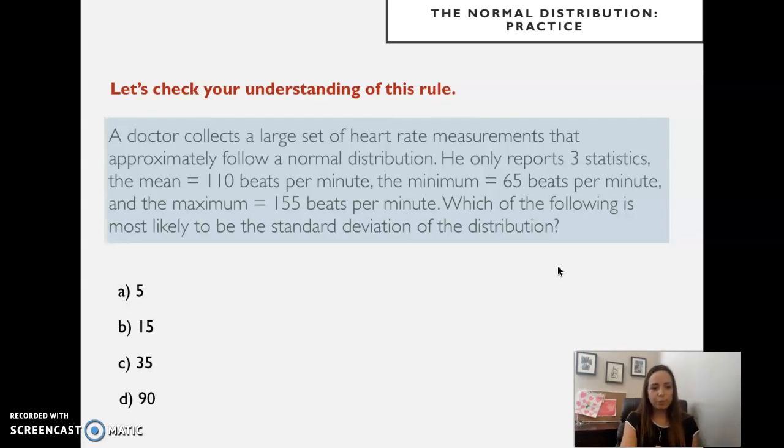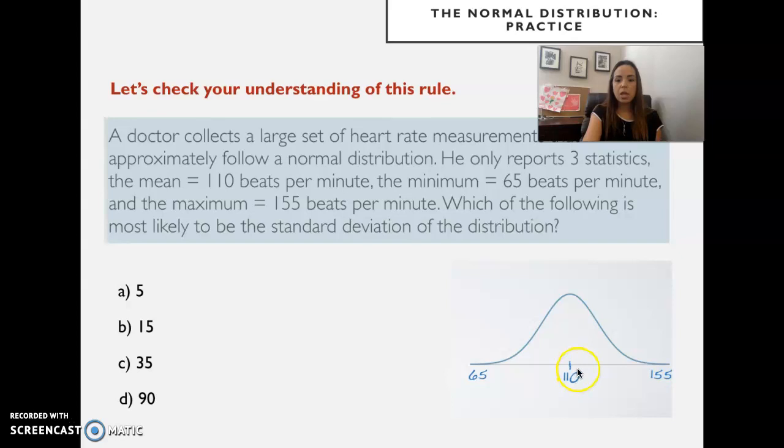So here we go. The normal distribution is here. It's always useful to draw things. Let me get myself out of the way. Here's the mean. The doctor gave us the distribution. It's normal. He gave us the mean, which is the center of the distribution. And he gave us the range of the distribution, 65 and 155. We're going to apply the 68, 95, 99.7 rule to figure this exercise out.